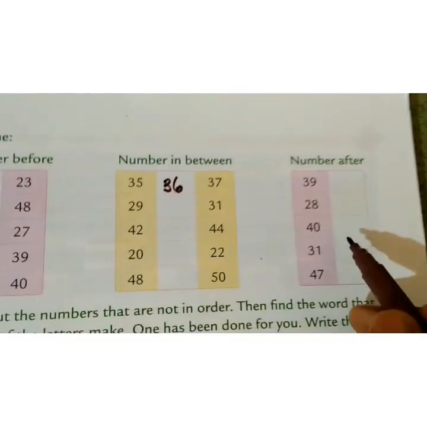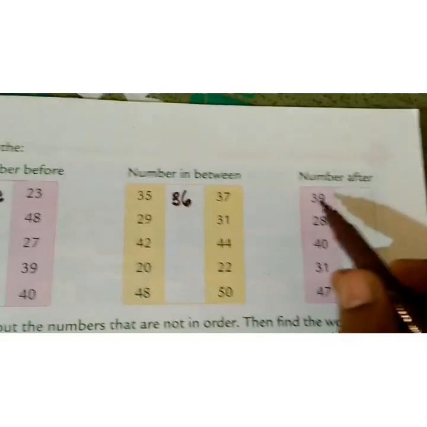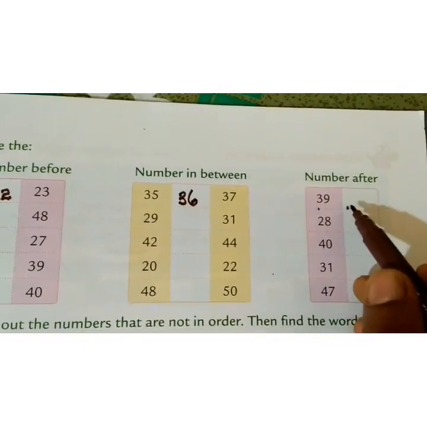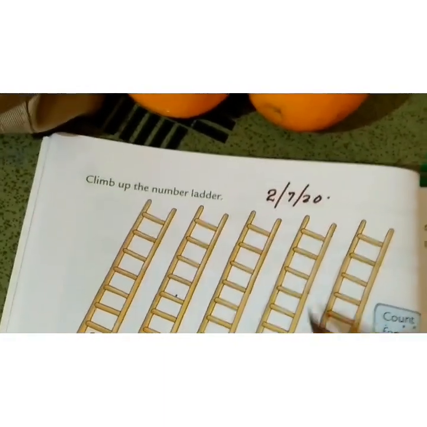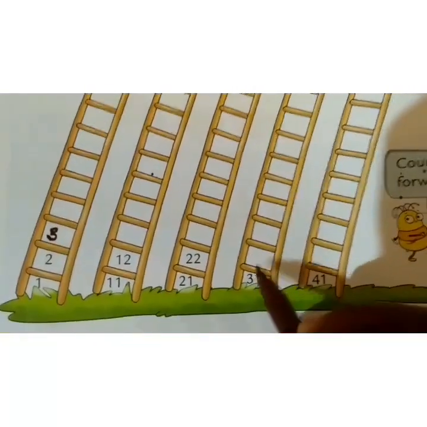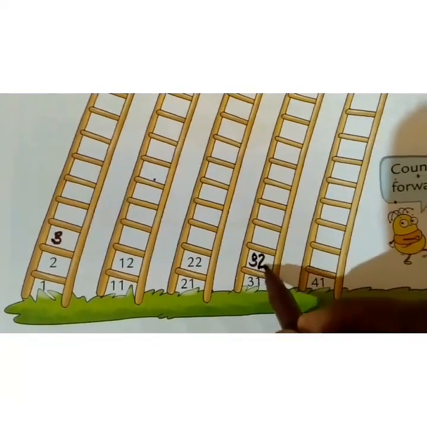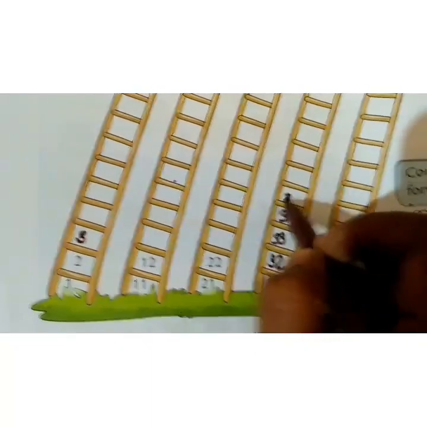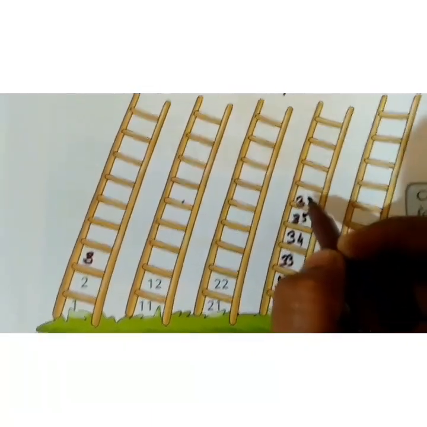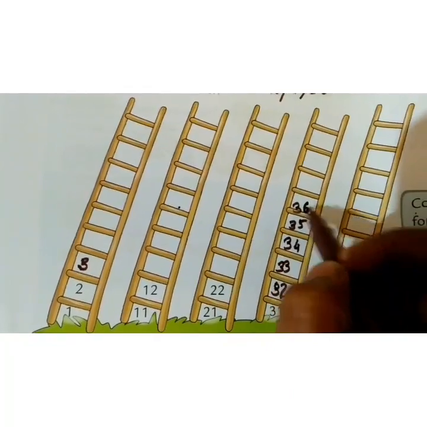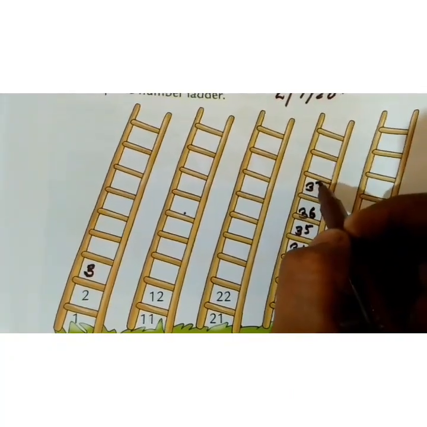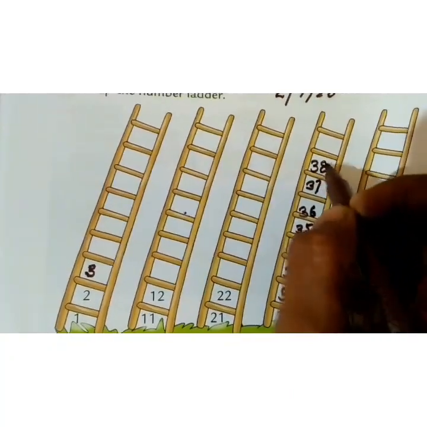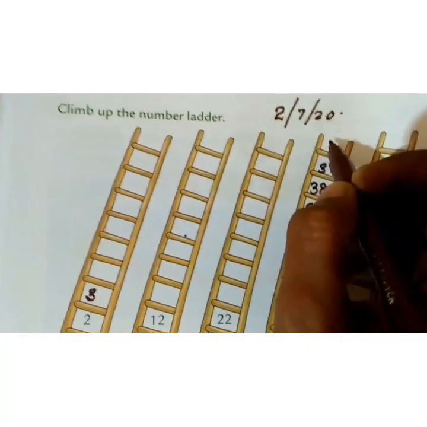Next, you move to the number after. What comes after 39? Okay, your exercise. Take your exercise. Here 30, 31. You finish this exercise 32, 33, 34, 35. You already know to count and write numbers up to 50. 36, 37, 38, 39, 40.